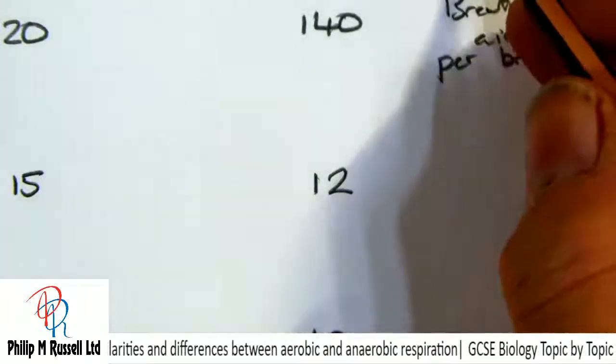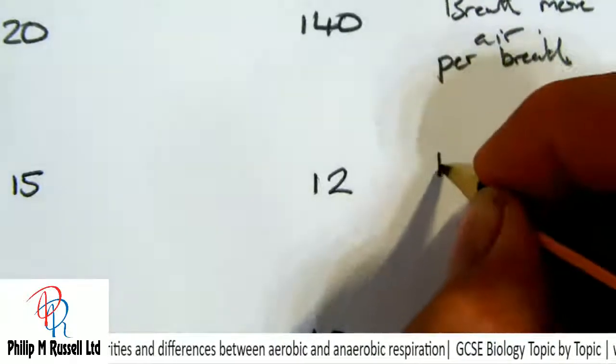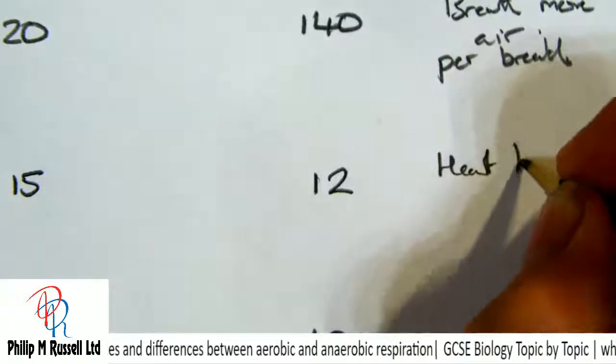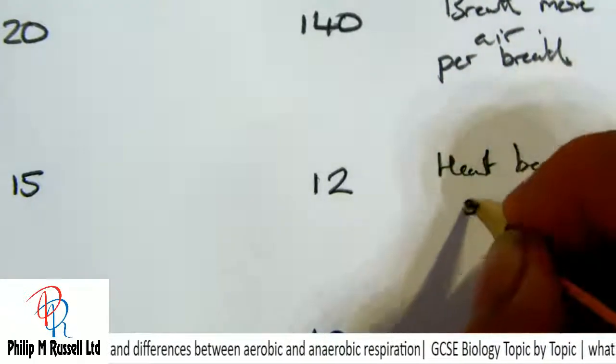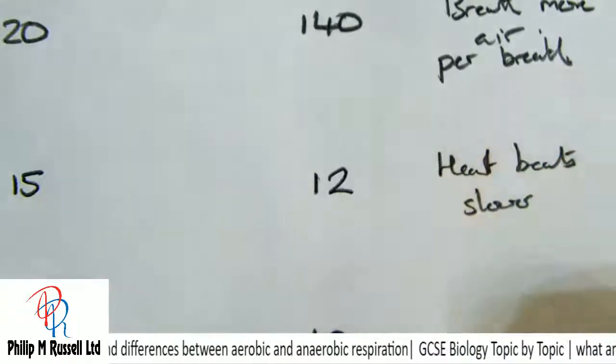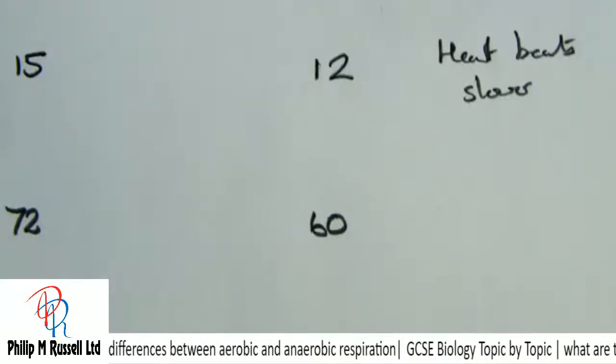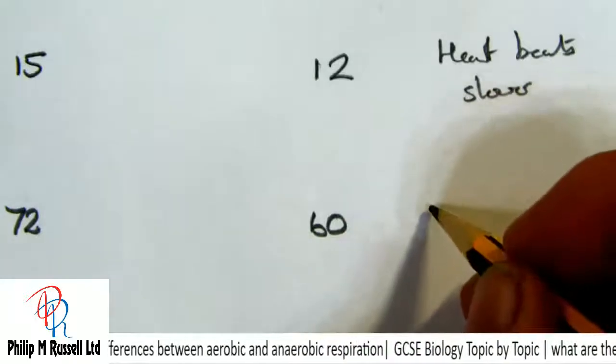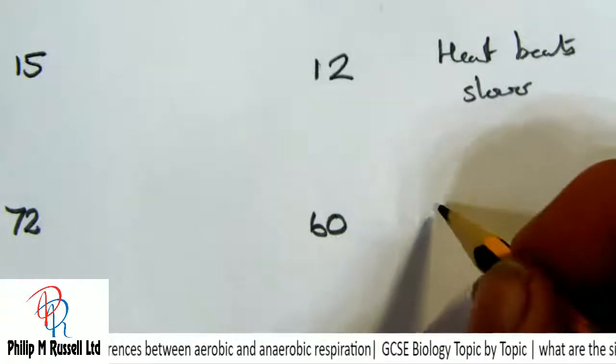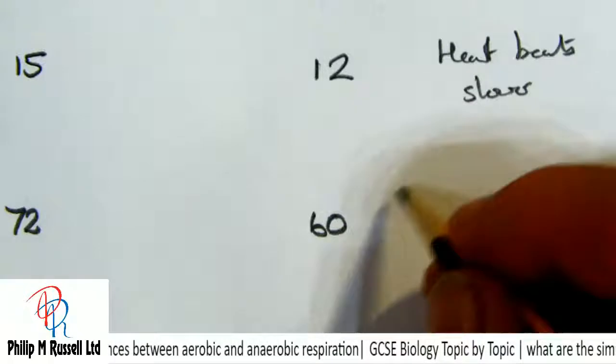Because they can move more blood per beat, their heart beats slower. Therefore, they need to push less blood round.